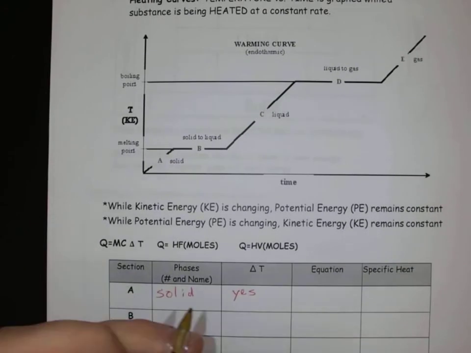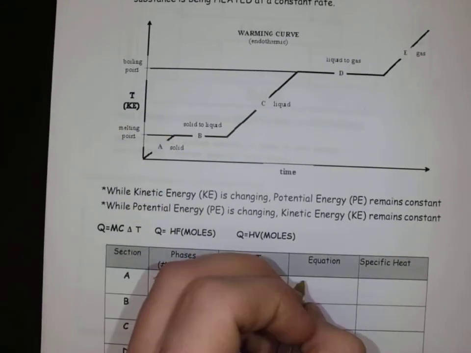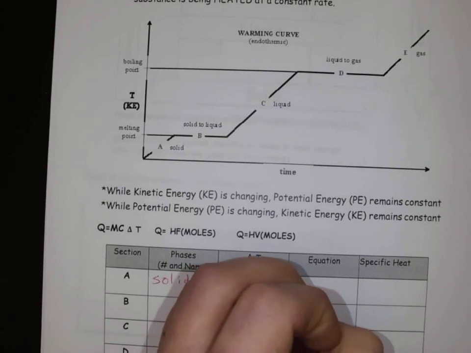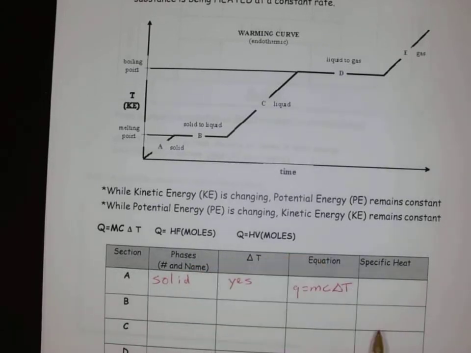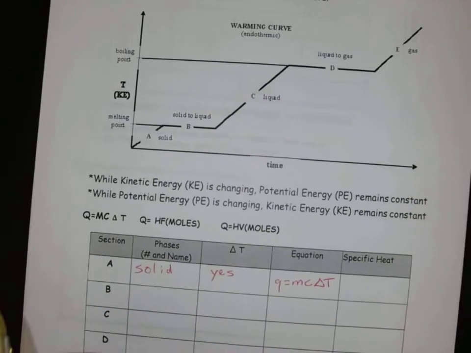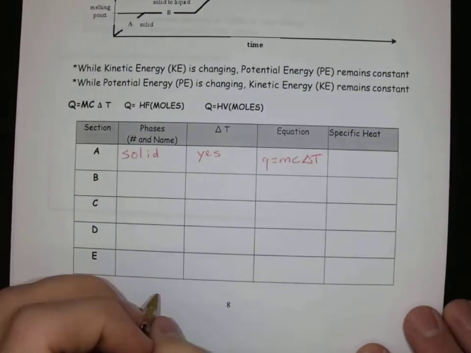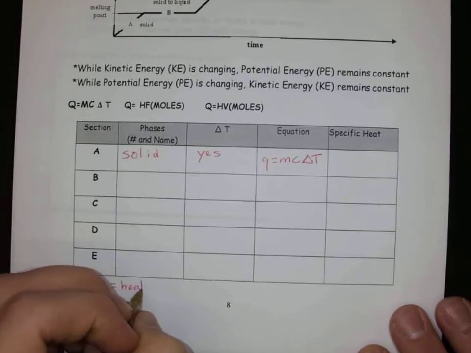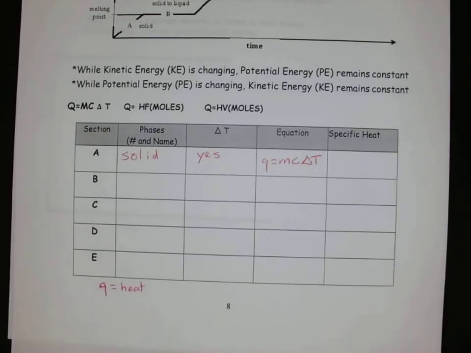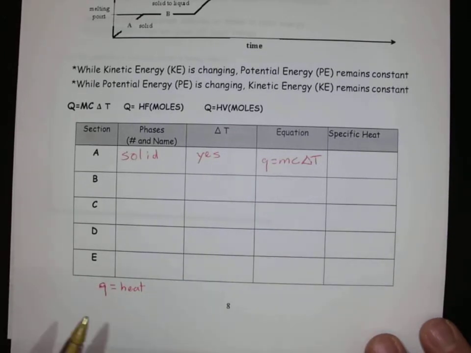So the equation that we can use to describe our heat change here is Q equals mc delta T. Q is heat. So if we go down maybe all the way to the bottom here, Q is the heat, our measure of the energy transferred. M is going to be the mass, whatever mass that we have that we're heating up.